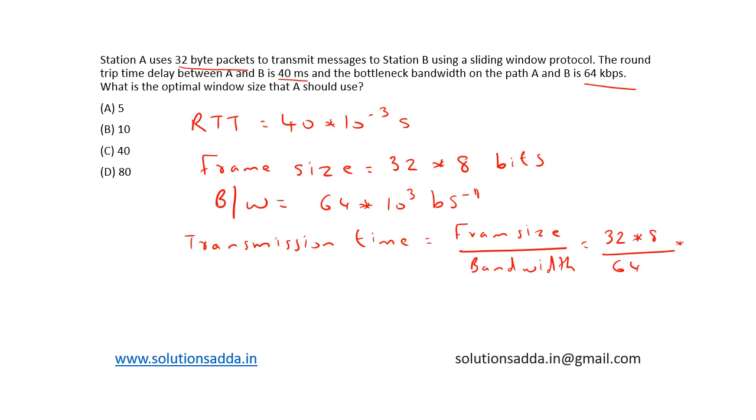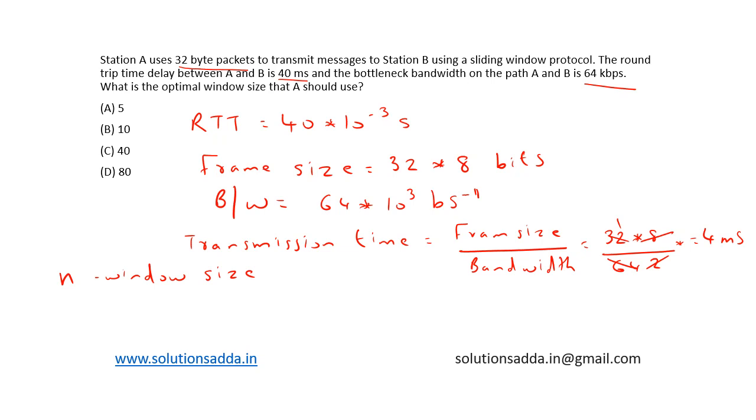If we put it here, it will be in milliseconds. So 64 and 32 will cancel, 8 and 4, 2 and 4 will cancel, and the final answer is 4 milliseconds. That is the transmission time. Now let's consider the window size as n. N is the window size.